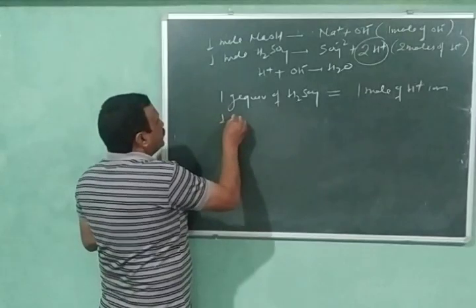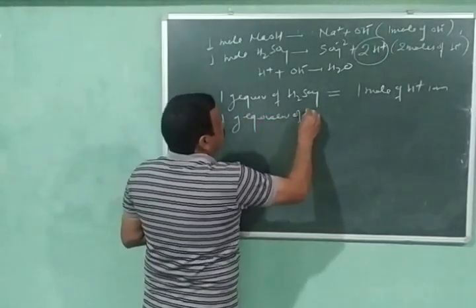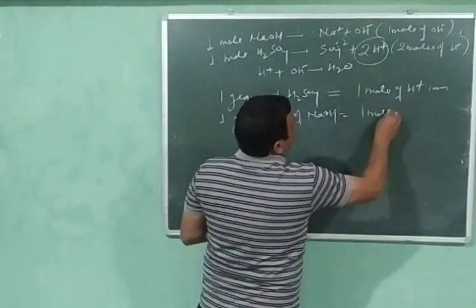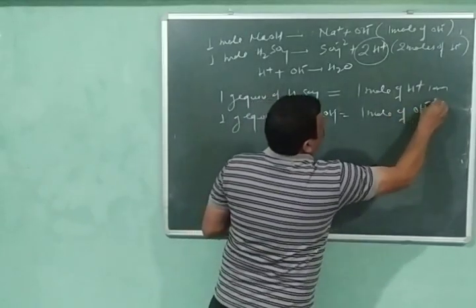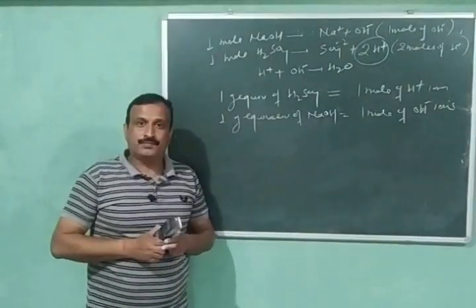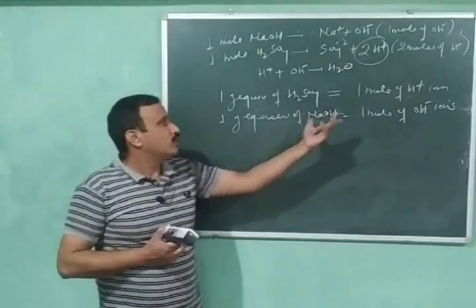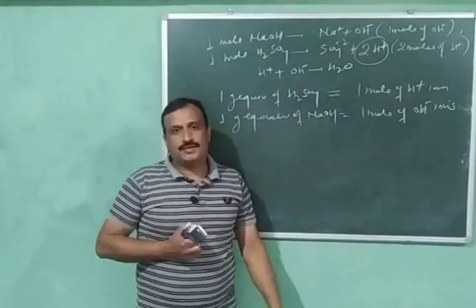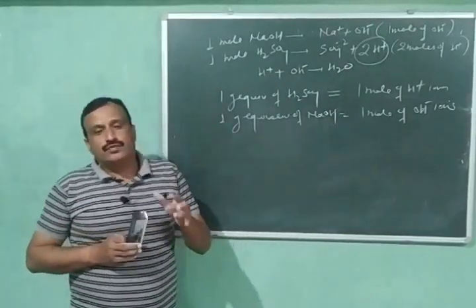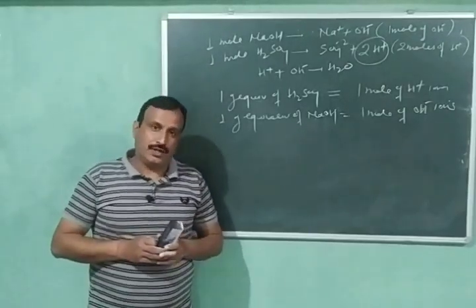And if I take 1 gram equivalent of NaOH, it will give us what? 1 mole of OH ions, as I explained earlier. Then the neutralization reaction will be complete because we are getting 1 mole of H positive ion and 1 mole of OH negative ions. Understood? So friends, these were the various aspects of this heat of neutralization or the enthalpy of neutralization.